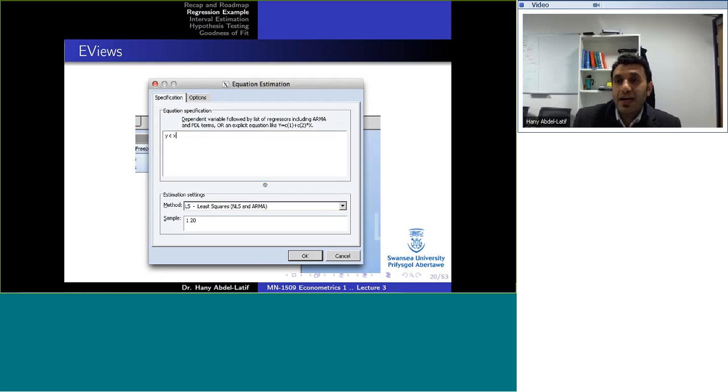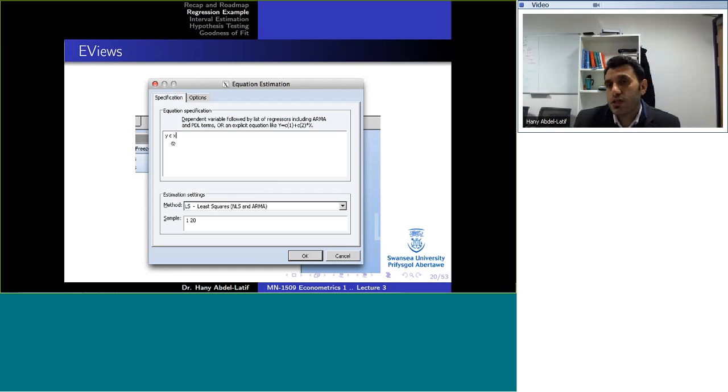Once you do that, you will have the screen, and now you need to write the equation you want to estimate. In this case, y is the dependent variable, so you always start with the dependent variable, then a space, then you put c, the intercept, if you want to include an intercept. This is a reserved symbol for eViews to understand it as the intercept.